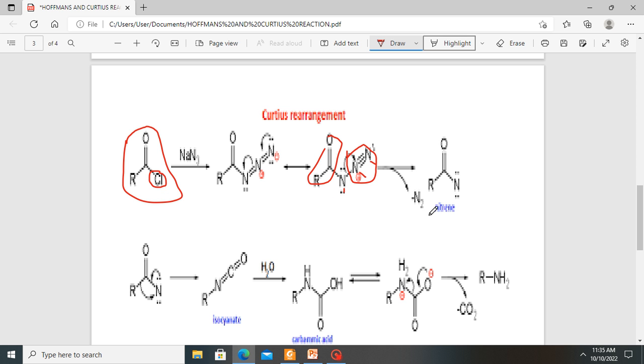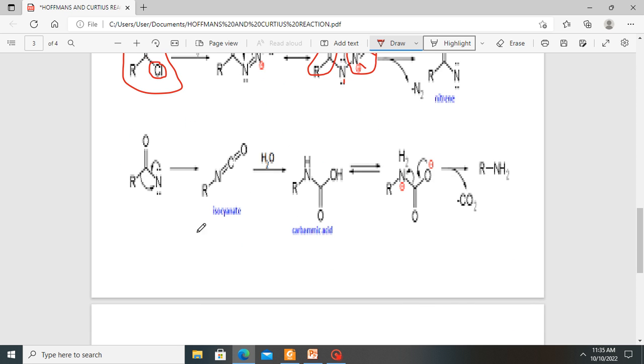So the first rearrangement is the redistribution of this compound after the loss of the dinitrogen to form an isocyanate, which is achieved by the acyl portion bonding to nitrogen, the nitrogen having a double bond with this carbon, then this carbon to the oxygen.